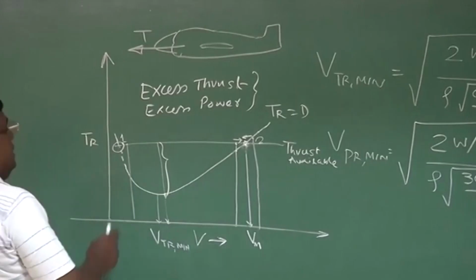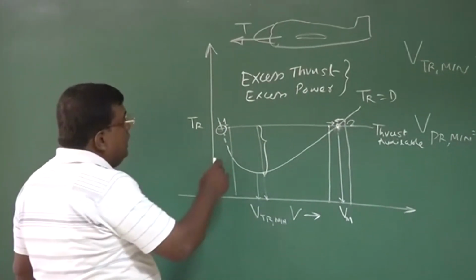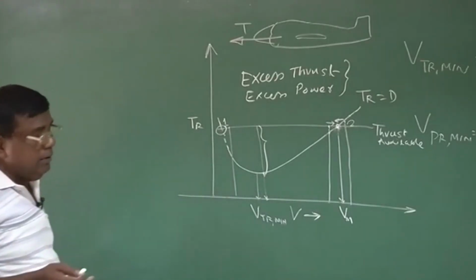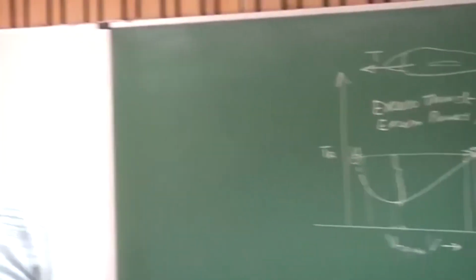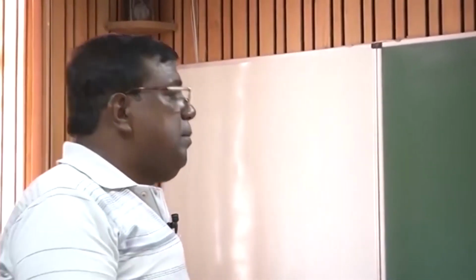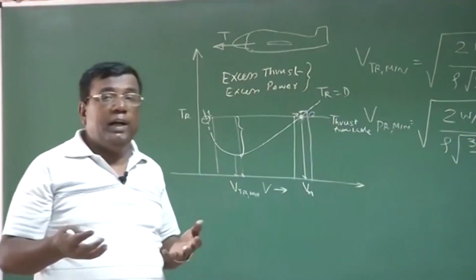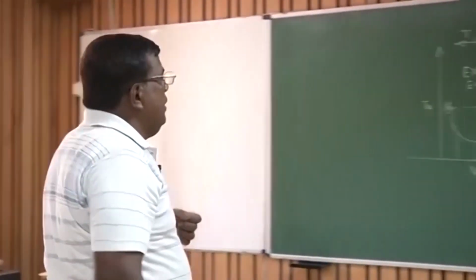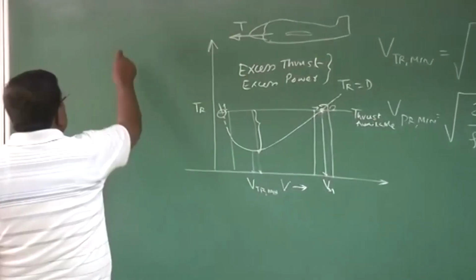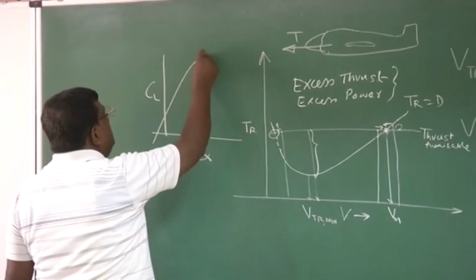Also, there is another point that should come to our mind. For any airplane, there is a speed called Vstall, which we have discussed, right? Vstall is the lowest speed at which it can manage lift equal to weight. That means it is putting CL at CL max. It has put all the flaps down and the angle of attack at maximum. If you recall, CL versus alpha is something like this.